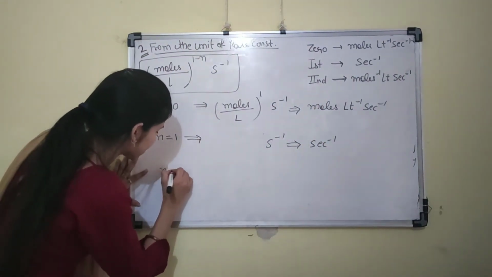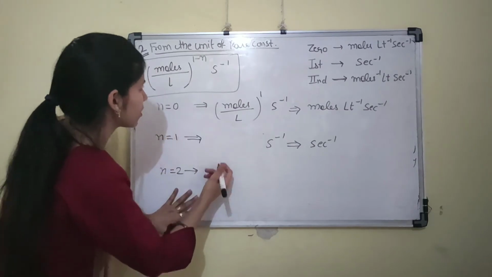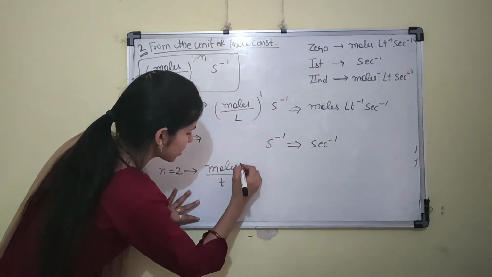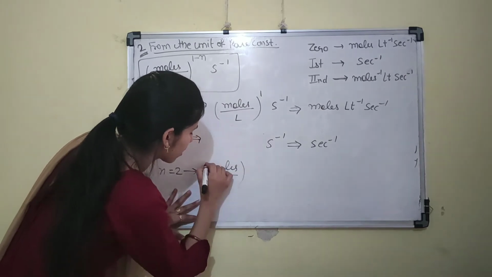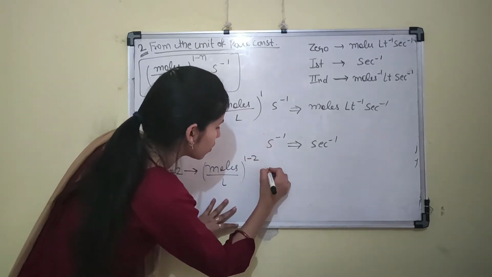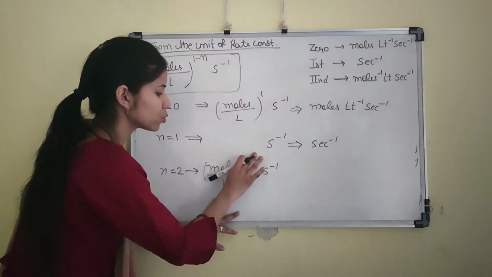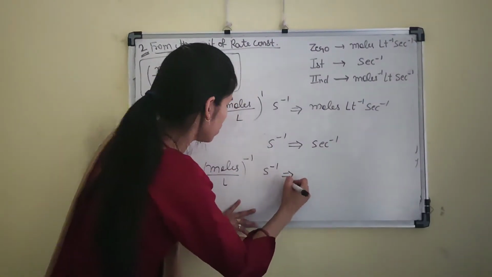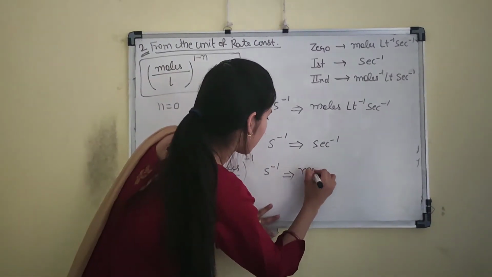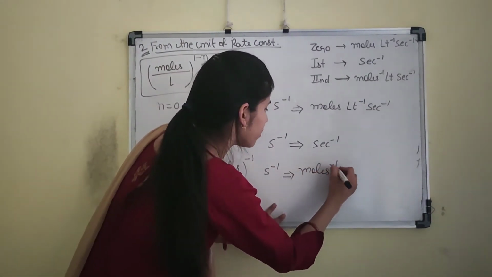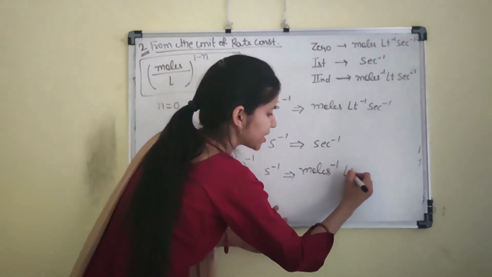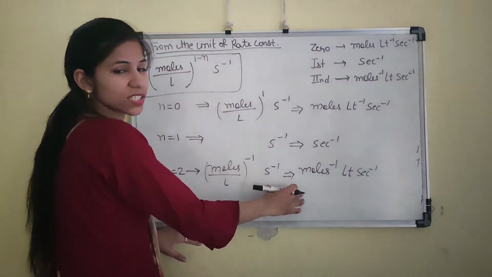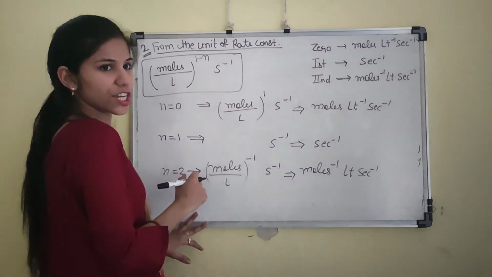And if n is equal to 2, now put it in this equation, so moles per liter to the power 1 minus 2 per second. 1 minus 2 is equal to minus 1. So per mole liter per second. So this is the unit of second order reaction.